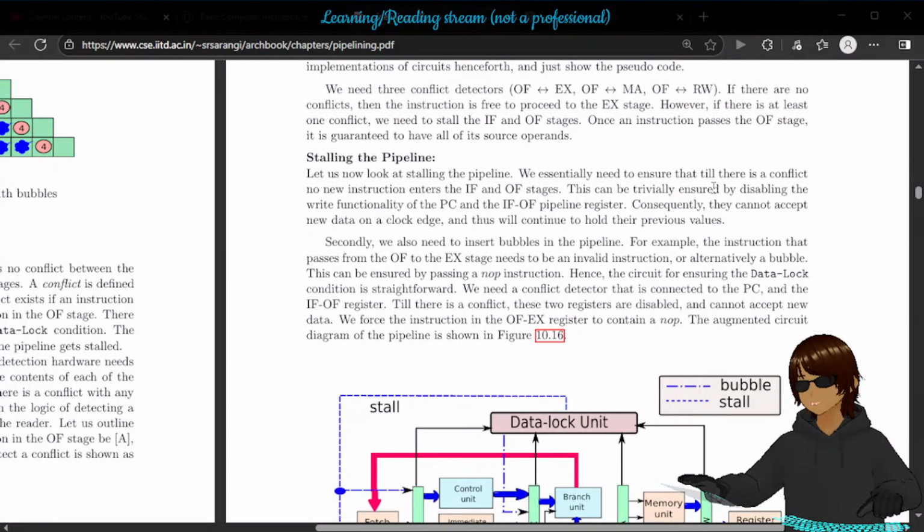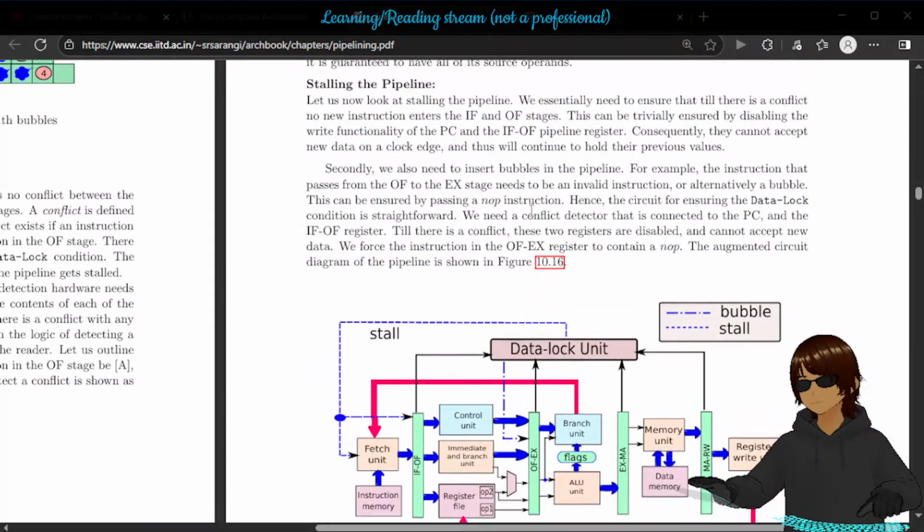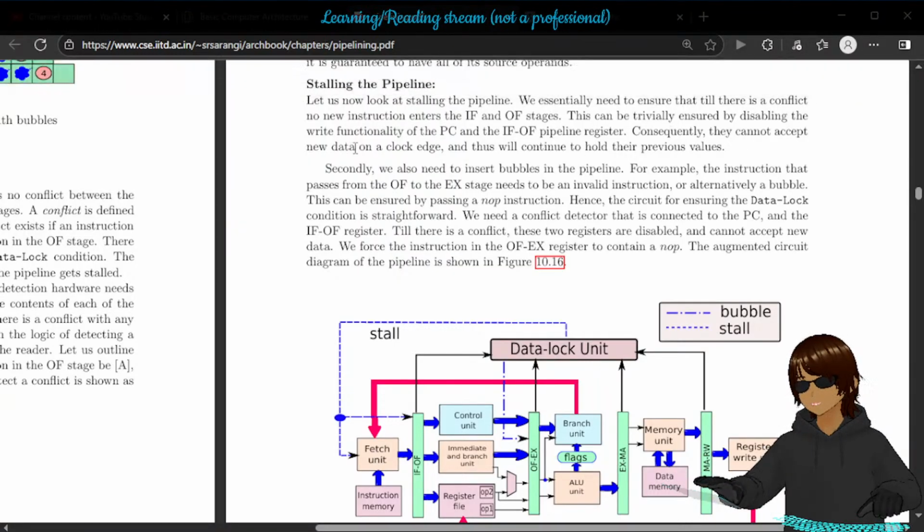This can be trivially ensured by disabling the write functionality of the PC and the instruction fetch and operand fetch pipeline register. Consequently, they cannot accept new data on a clock edge and thus will continue to hold their previous value.